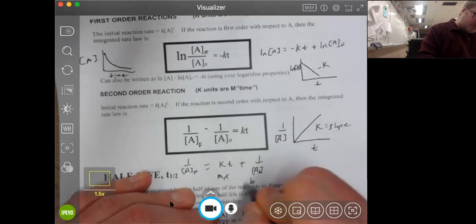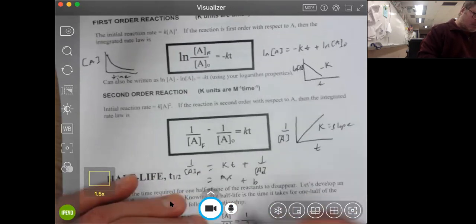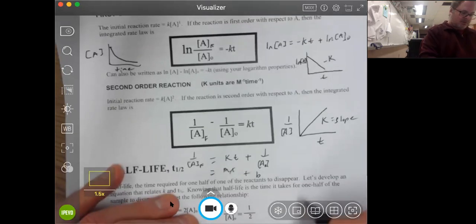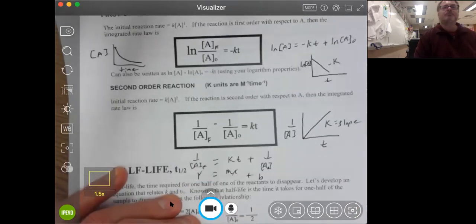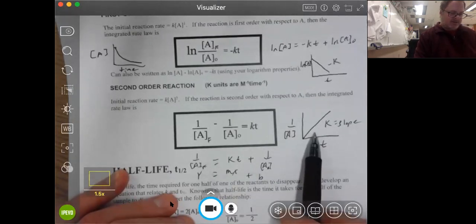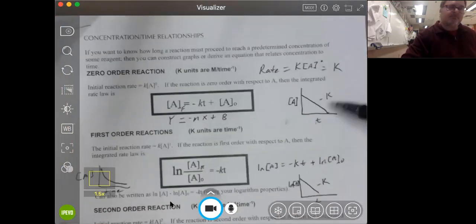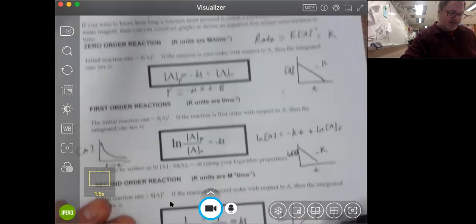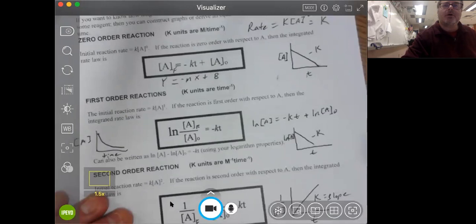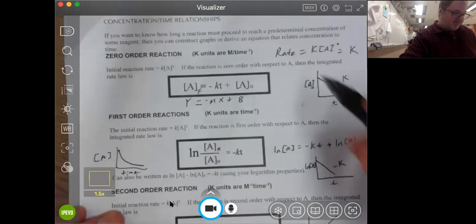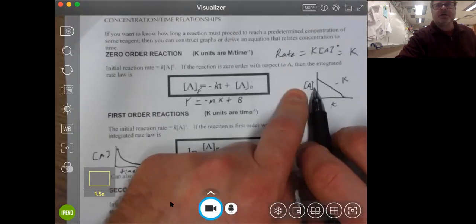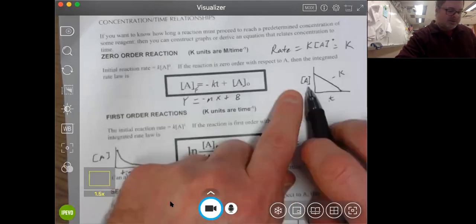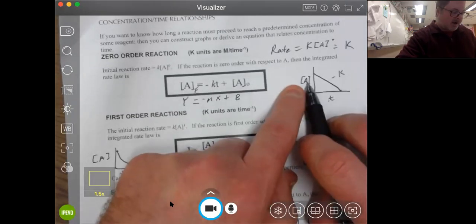Mx plus B and Y. So again, this is the formula in slope-intercept form. Basically what they're showing you is that you can graph the data out and determine the order for something. If you're given a bunch of concentrations and times, you could plot that graph.